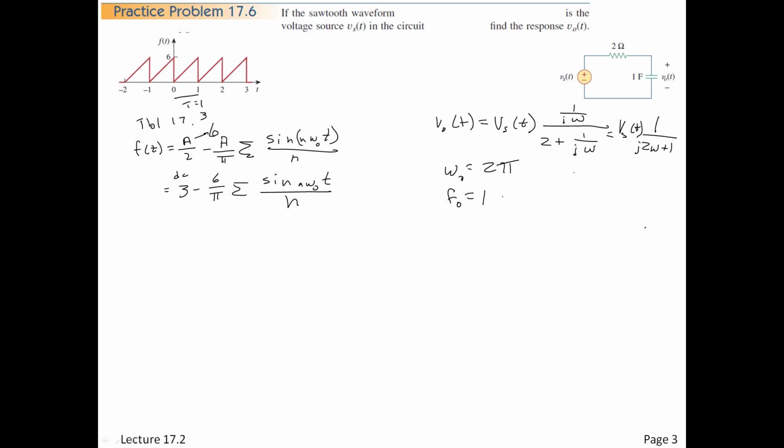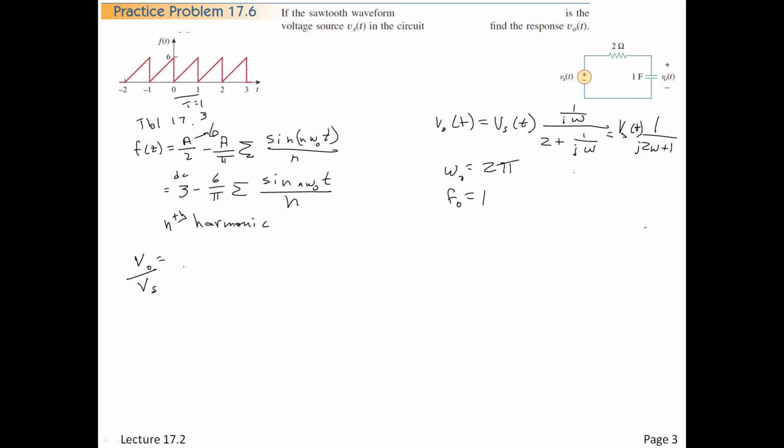So now we've got all we need, and it's just going on and shuffling things around. So let's continue with it down here. That V0 is, we'll just take V0 over Vs and find what we need here. I'm really looking at the nth harmonic.